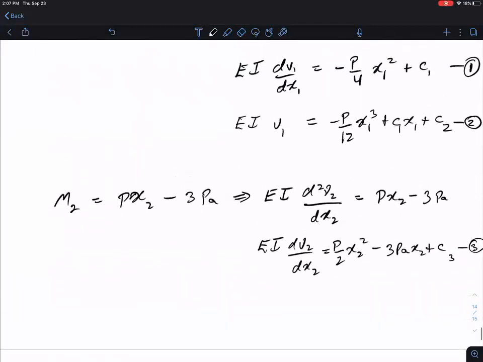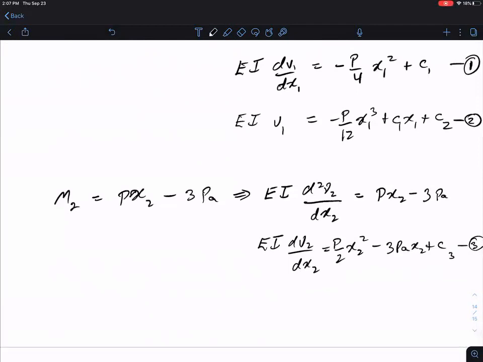And then if we integrate a second time, we get this expression, and we'll call this equation 4.